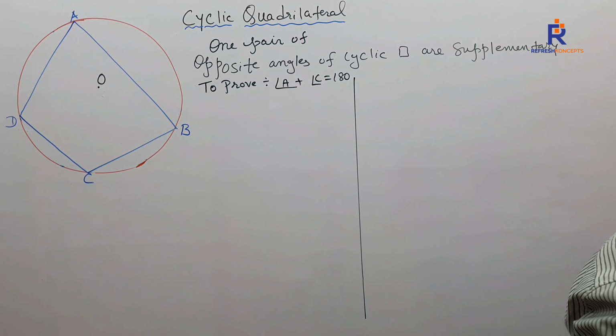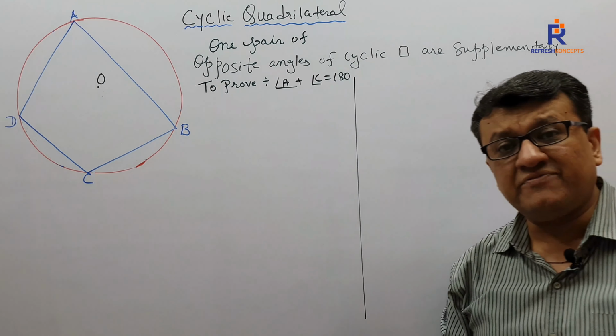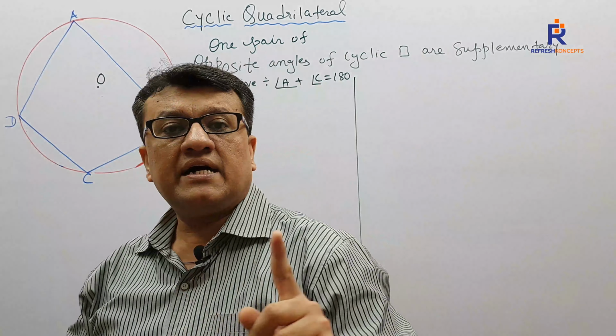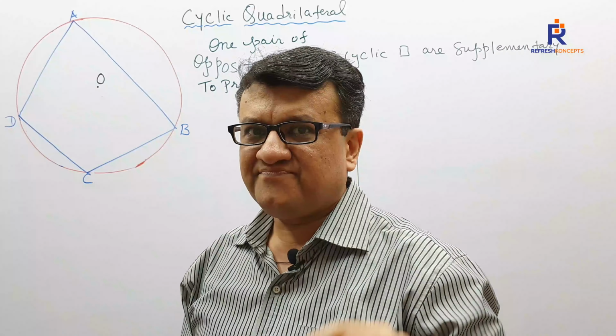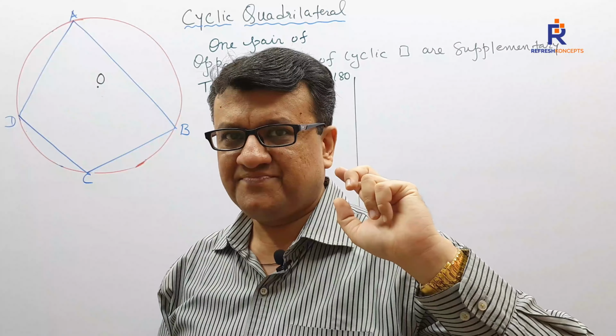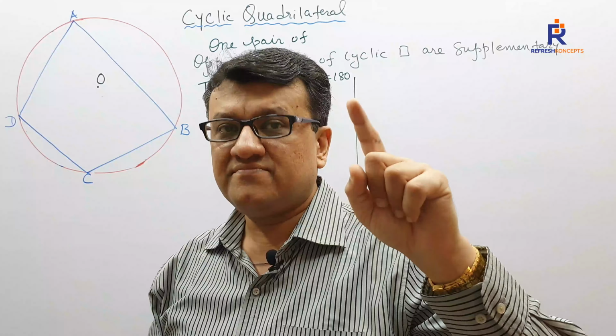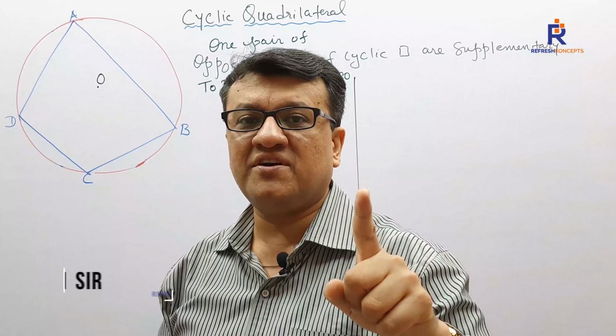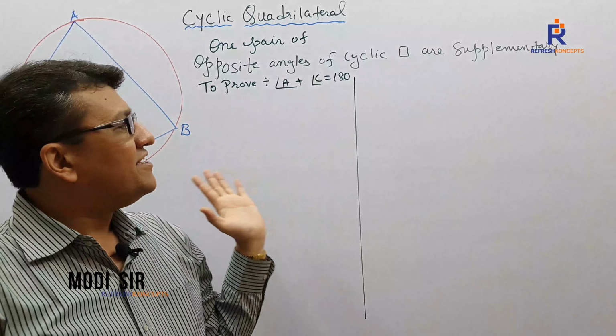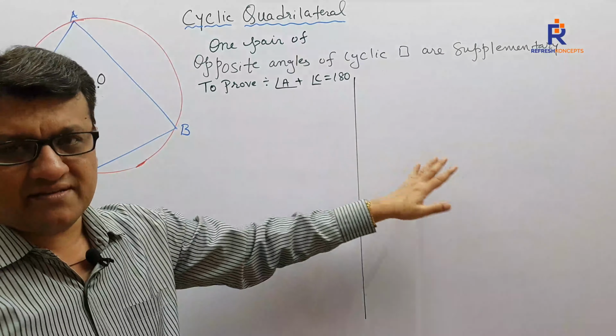Now children, in the previous video, when we learned IAT, the inscribed angle theorem, we learned two versions. One was in terms of the central angle, and one was in terms of the intercepted arc. Here also, I am going to give you two answers.